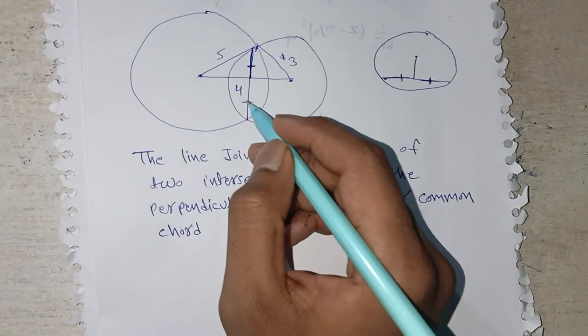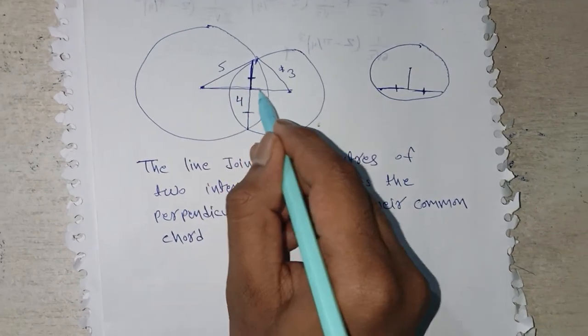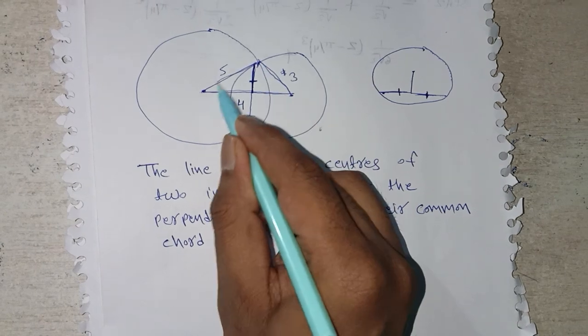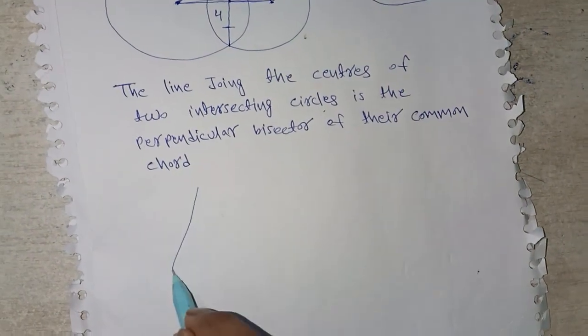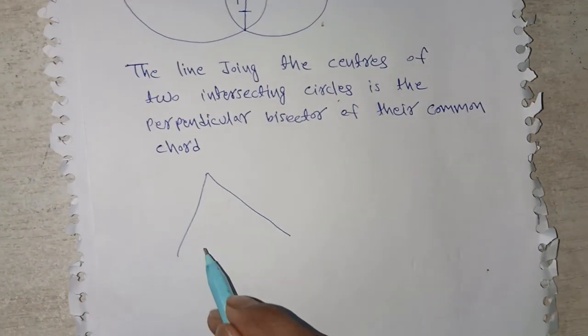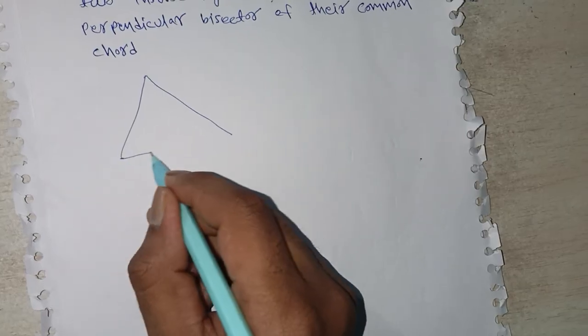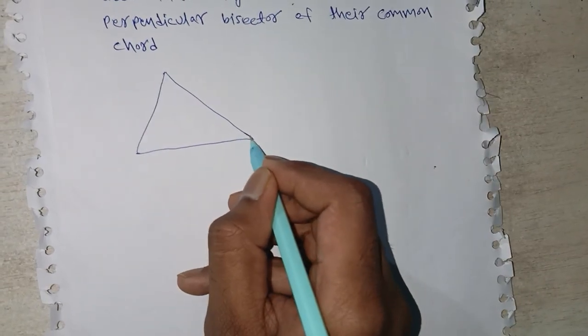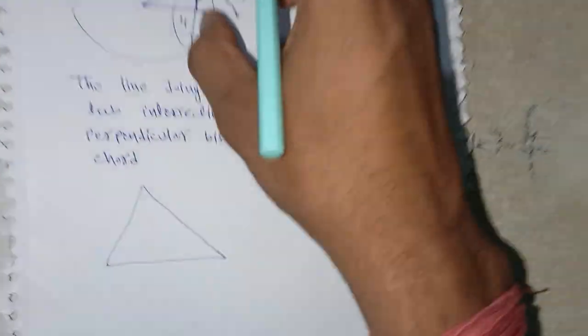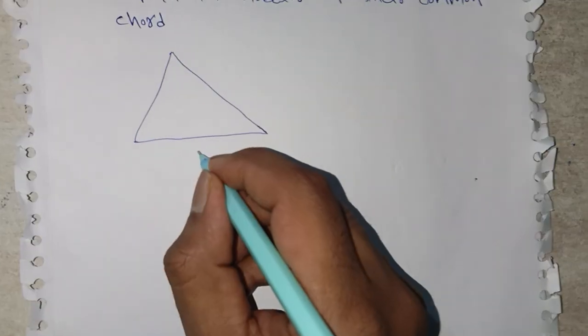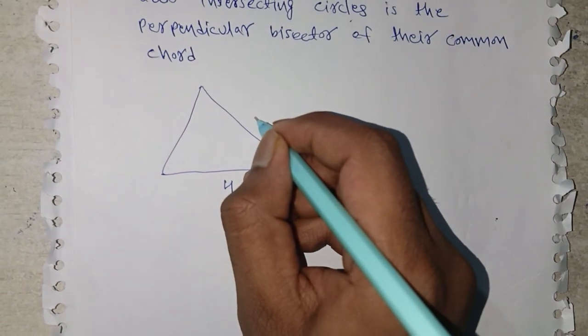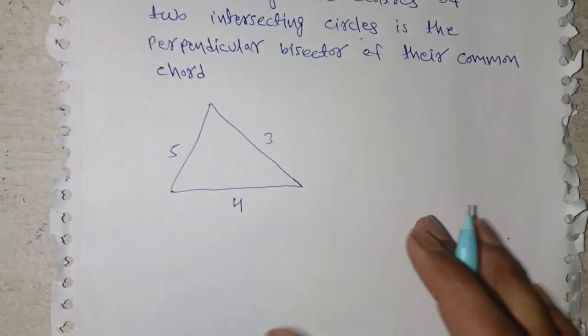Here we can see that this is making a triangle. Sorry for my diagram, please try to understand. Suppose this is a triangle, this side is 4, this is 3, and this is 5.